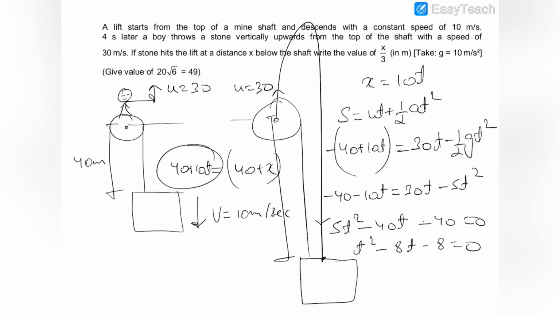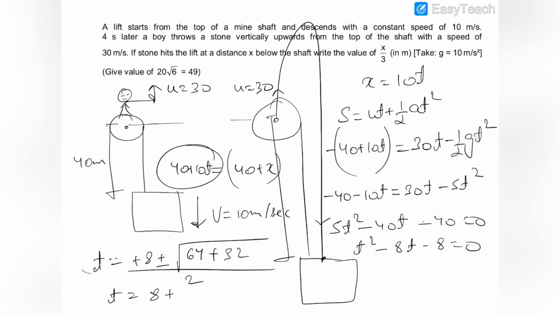So this is the quadratic equation, and the time will be 8 plus minus under root 64 plus 4 into 8, which is 32, divided by 2. So time would be 8 plus root 96, divided by 2.